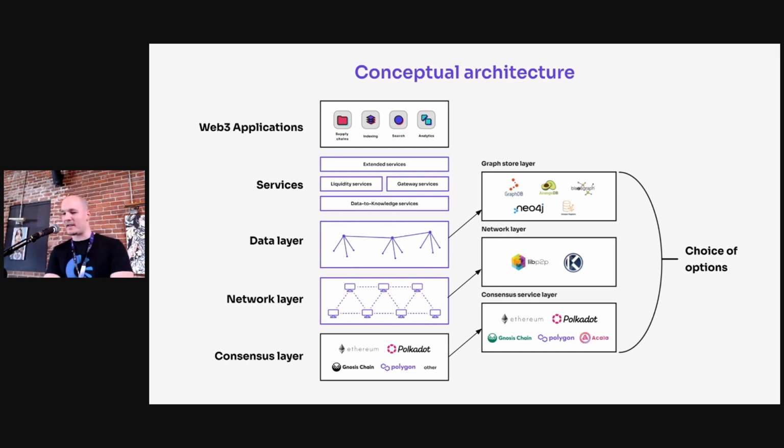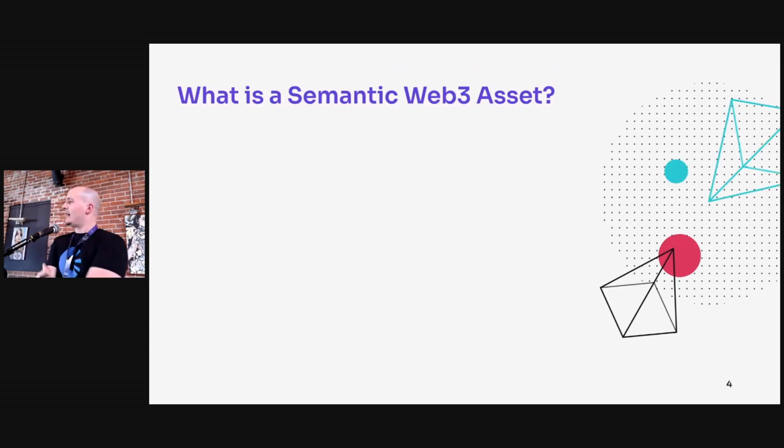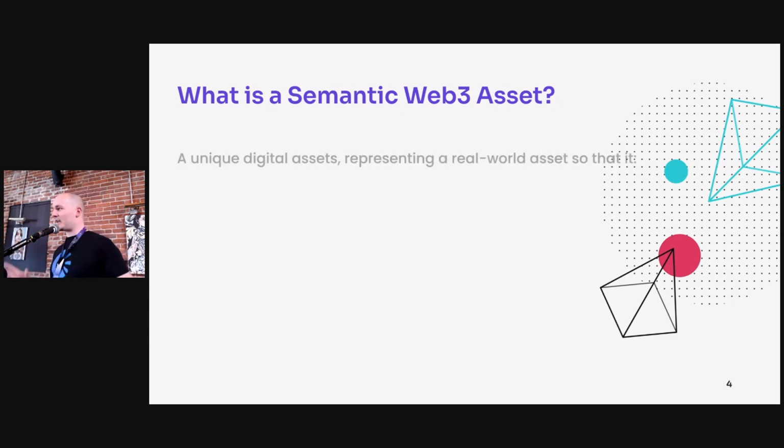Okay, so what is this Semantic Web3 asset? This is actually the first time I'm showing this. So yeah, it might not be fully clear. Please throw some questions in if I'm not clear. Anyhow, this is a formal definition that is being finalized as we speak.